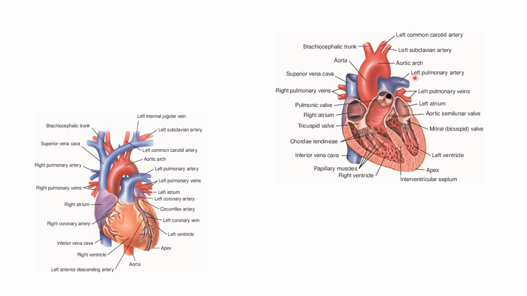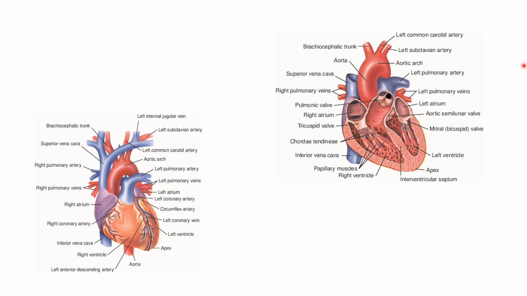As you see here, the left pulmonary artery, the right pulmonary veins, the pulmonic valve, these are all the pulmonary circulation, or the lungs. And to pump blood to the lungs for oxygenation, and the left ventricle pumps oxygenated blood to the entire body.